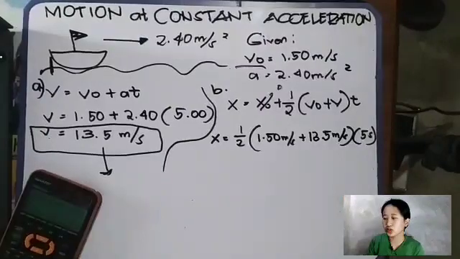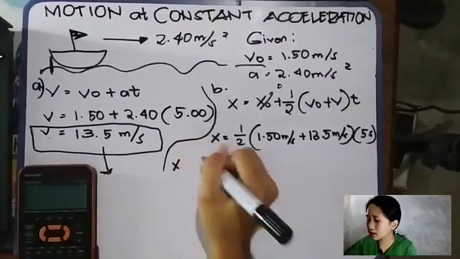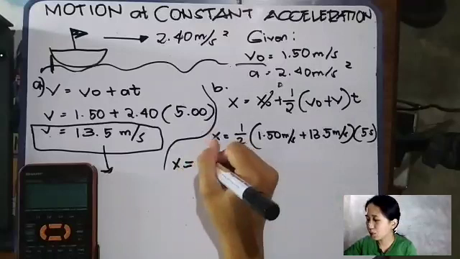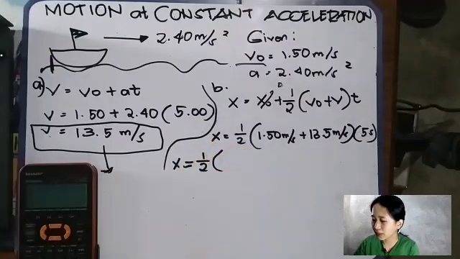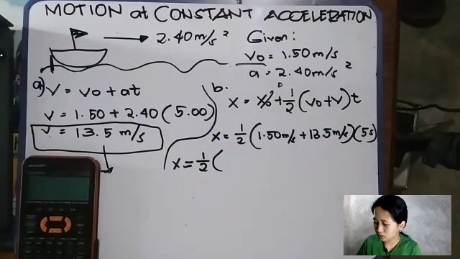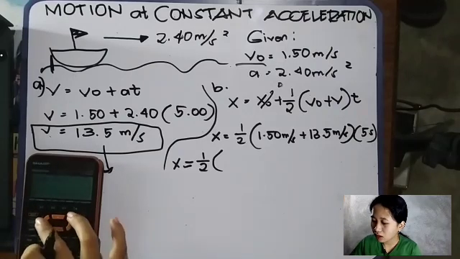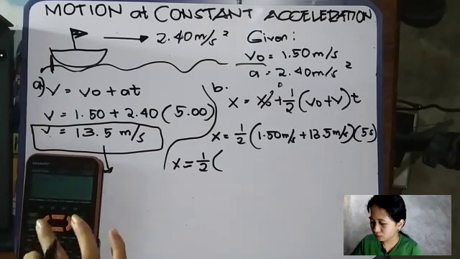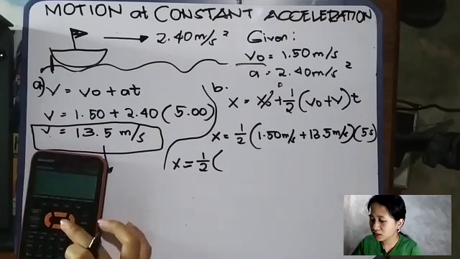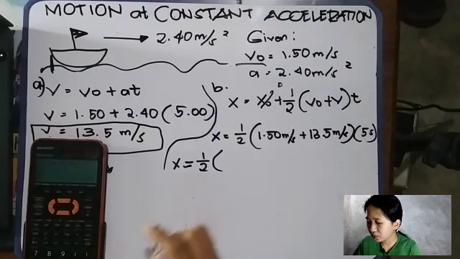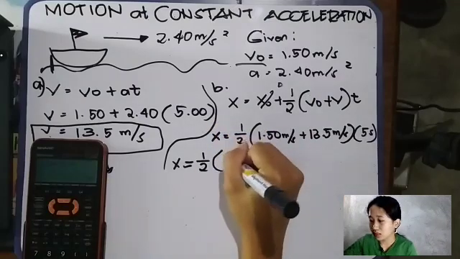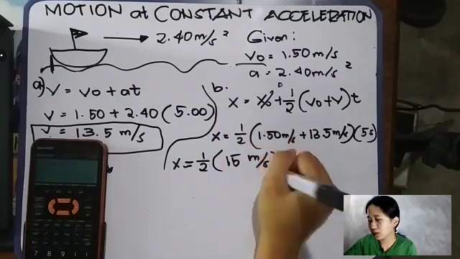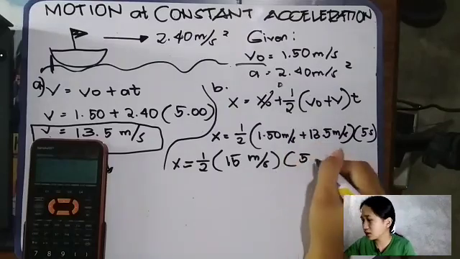Yan. So, unahin natin yung mga nasa loob na i-compute. So, 1 half times 1.5 plus 13.5. 1.5 plus 13.5 is equals to 15 meter per second times 5 seconds.